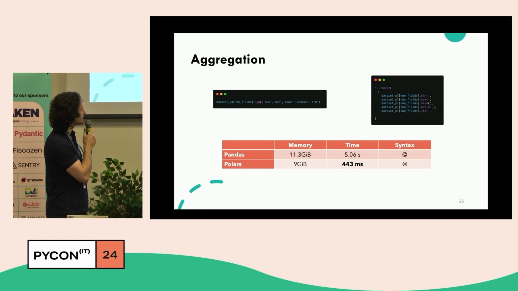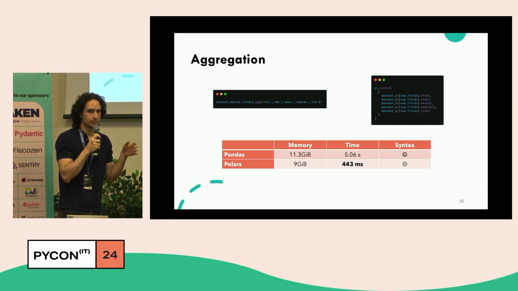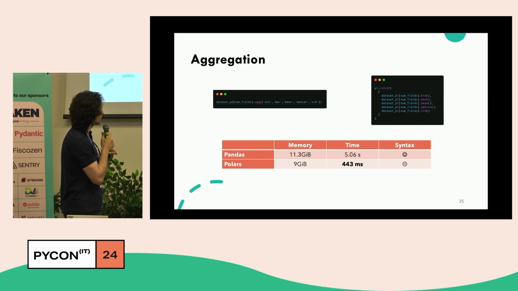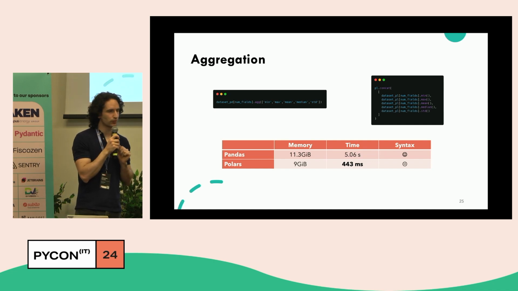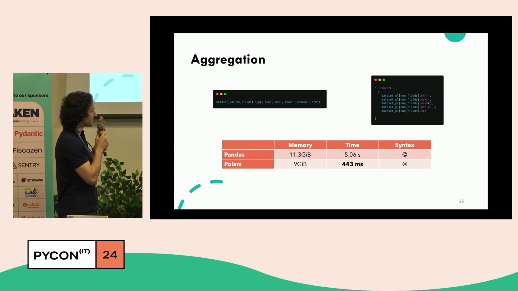I wanted to get the same result that I get from Pandas in this case. I think you're really used to this nice way to apply aggregation functions. And this is what I came up with. Maybe there is a better way, I'm not sure. But I can say that this syntax is not exactly what I was hoping for. But anyways, maybe there are better ways to implement this.